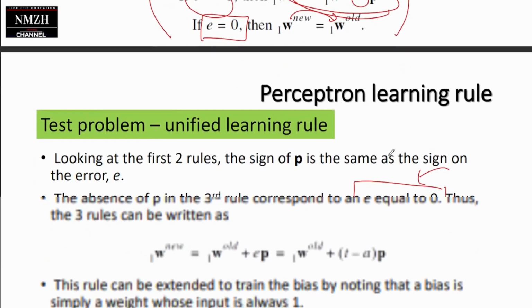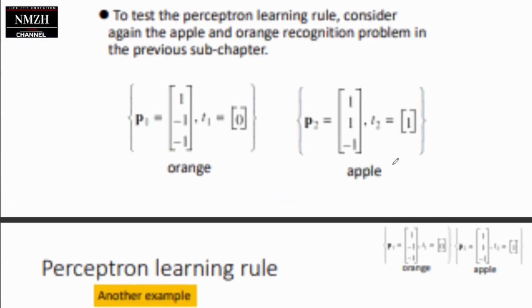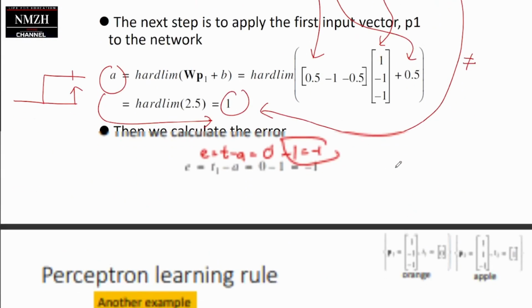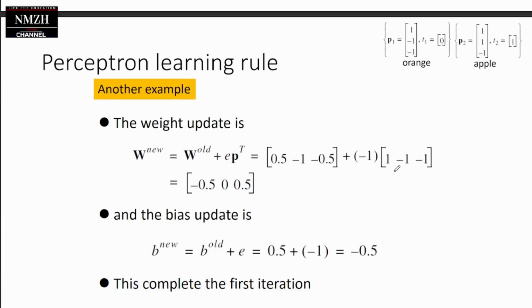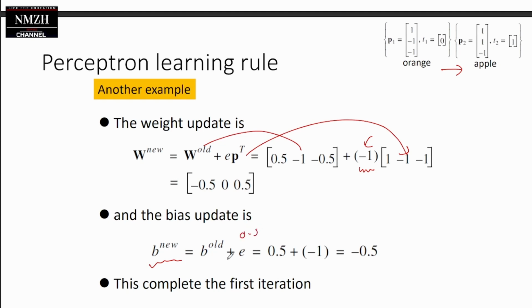W new equals W old minus P. So the weight minus the input gives us minus 0.5, 0 and 0.5. This is the new weight after passing this one. The new bias B new is B old, 0.5, plus error.